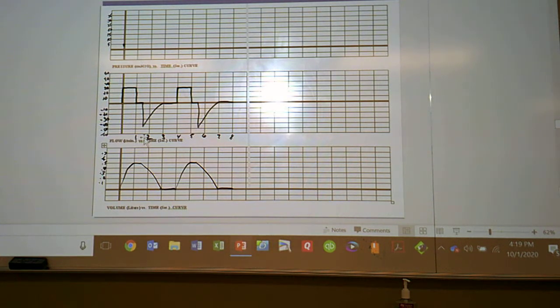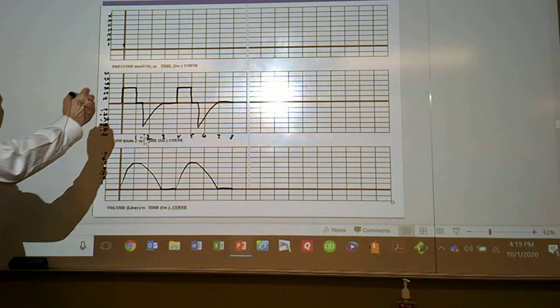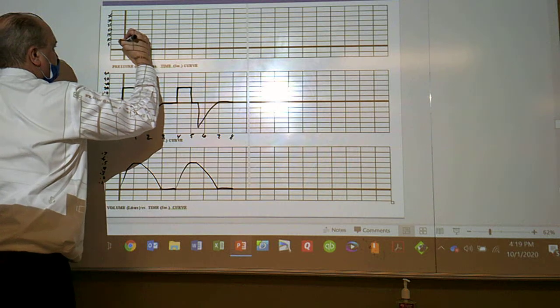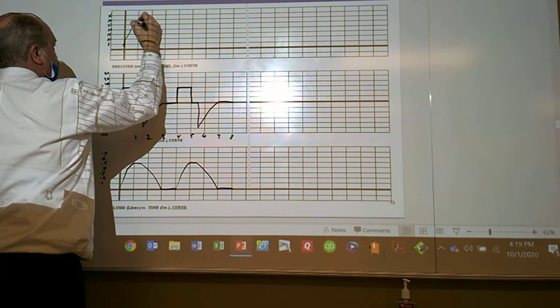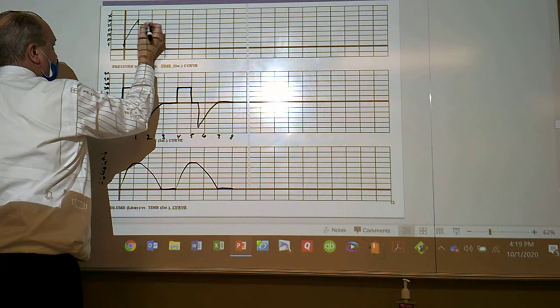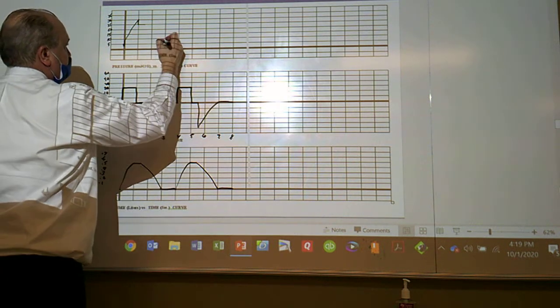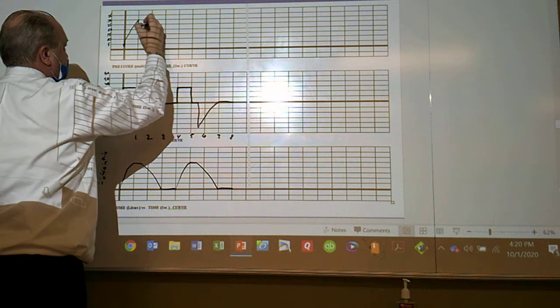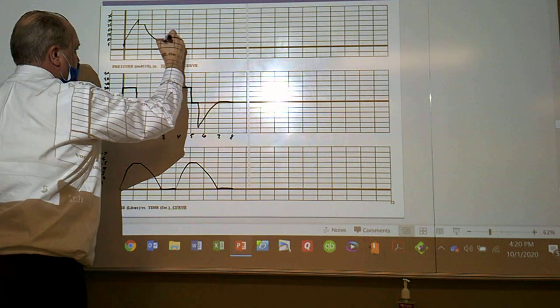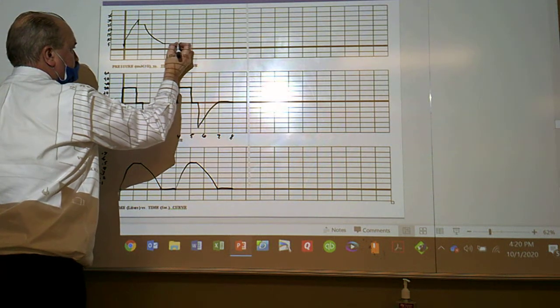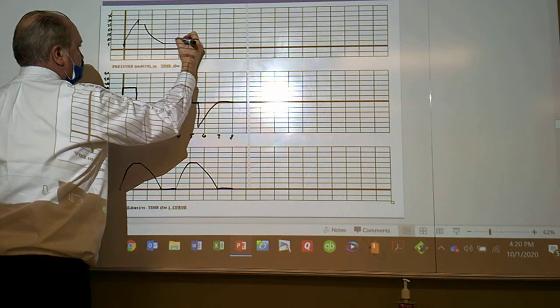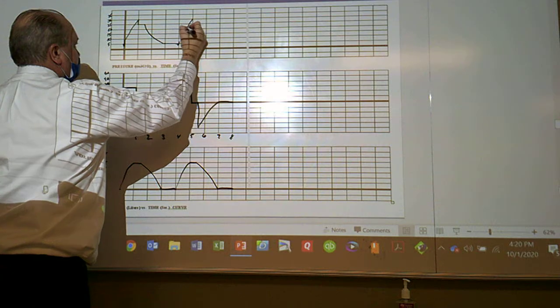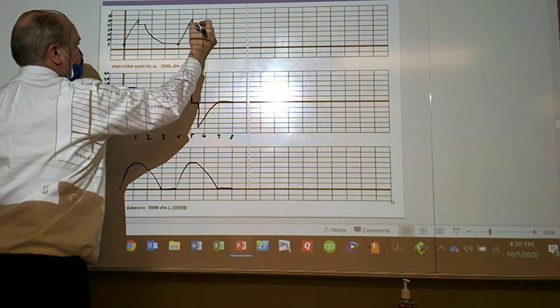And I'm going to rise up from my baseline of 5 up to my peak of 30. And then I'm going to do a plateau down to 25 for that half second. And I'm going to return to baseline right there. Small trigger. Okay. Rise to 30. Back down 25.